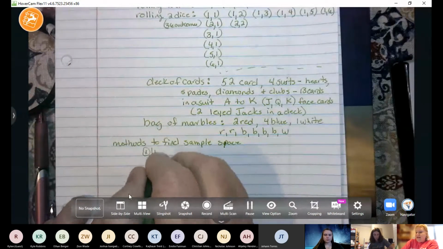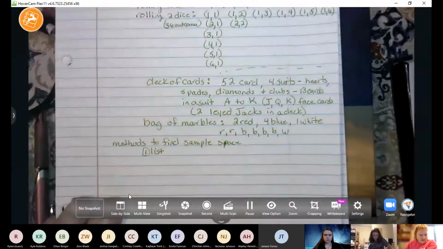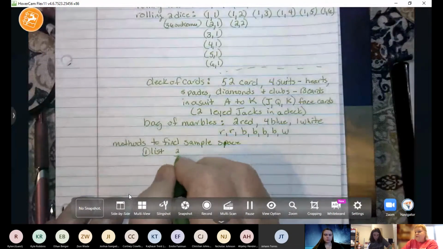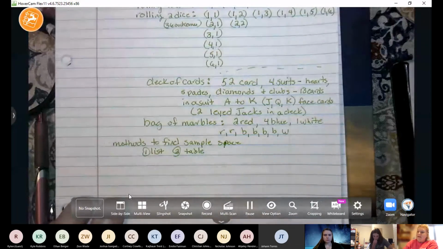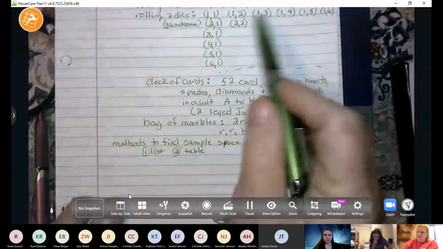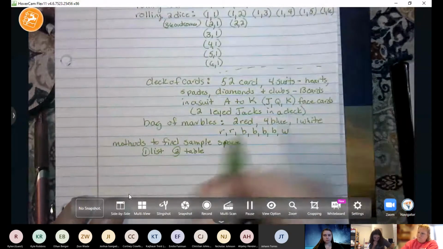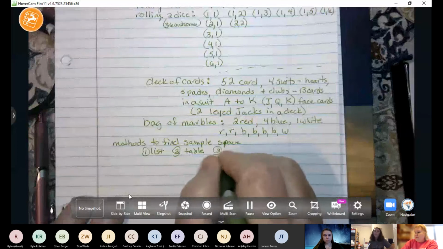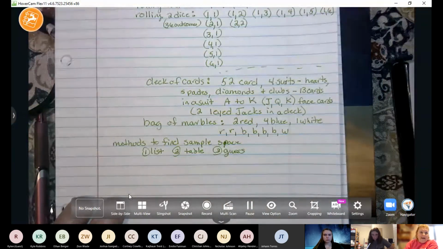You might use a list, just like we did with some of the cases up here. You might use a table to organize it. So using this method with the 2 dice, you could put that information in a table. Some people guess, oh, that sample space might be this.